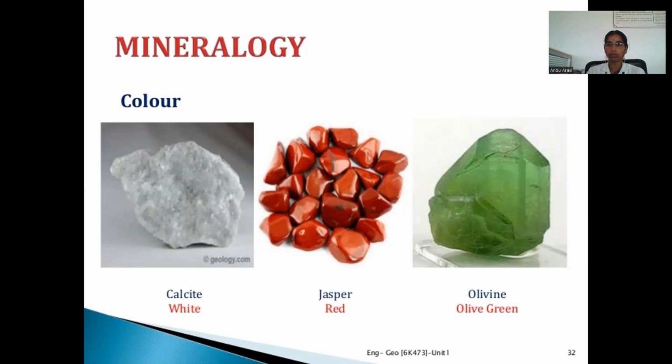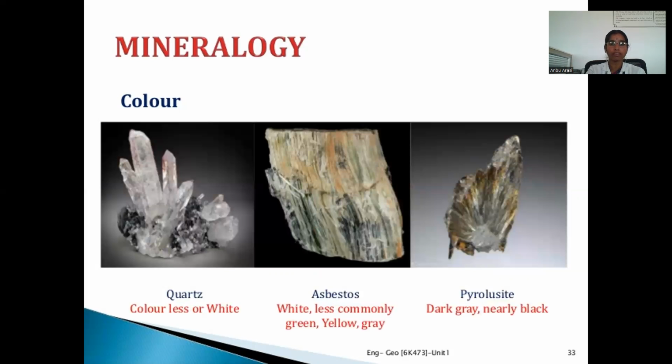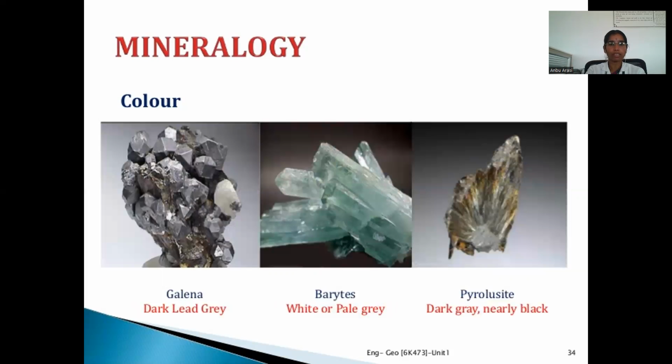That's called idiochromatic color. Allochromatic: minerals showing variable colors due to impurities present. For example, calcite, quartz, and so on. Pseudochromatic: minerals showing false color when rotated. Example, diamond. So these are some of the examples of color.